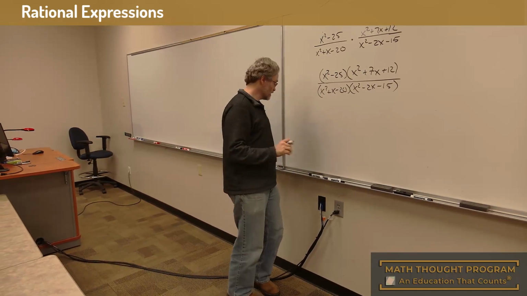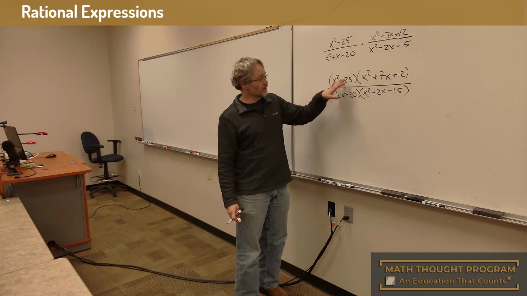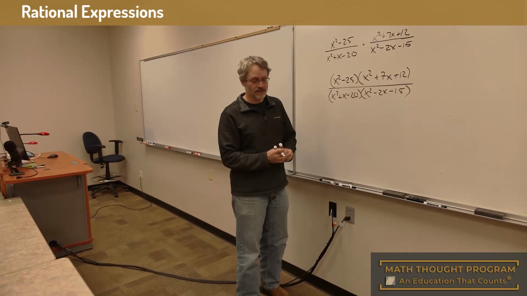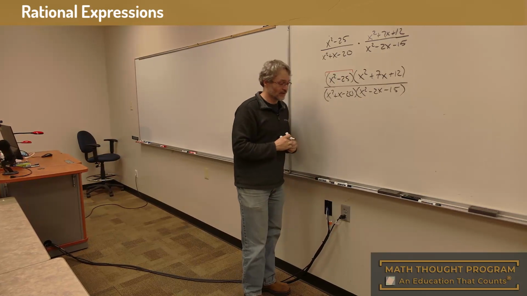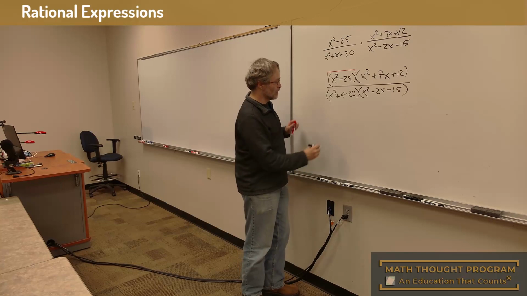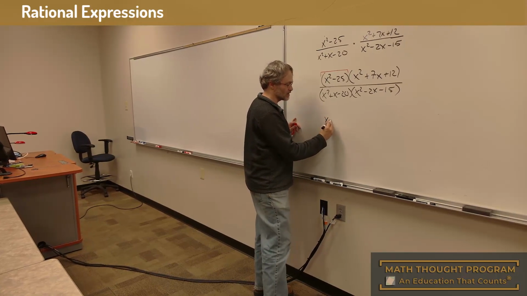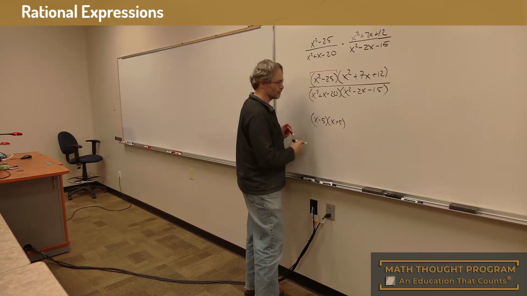Now, the next thing is I want to factor each and every one of these pieces. So I want to factor the x squared minus 25. Guys, that's your difference of squares identity again. That's going to factor as x minus 5, x plus 5.